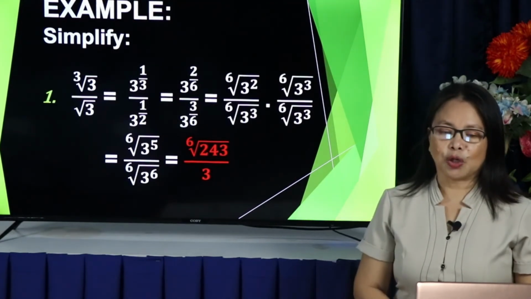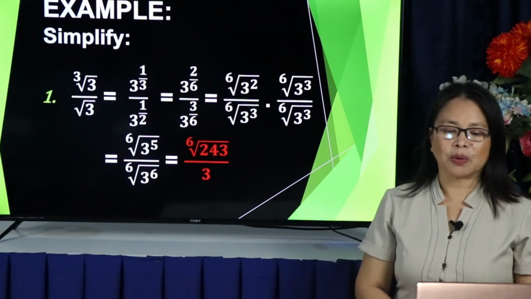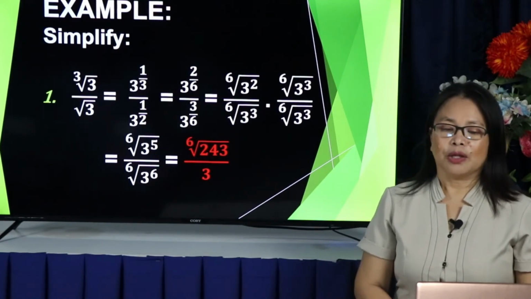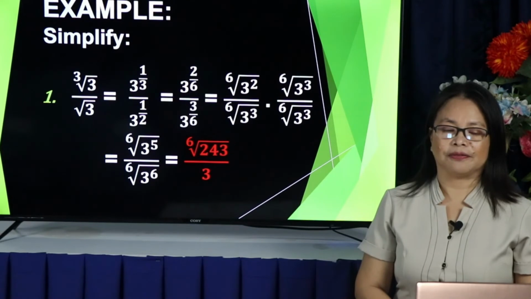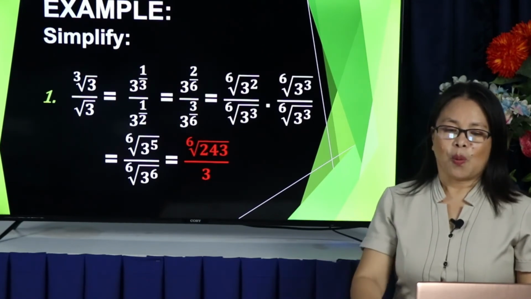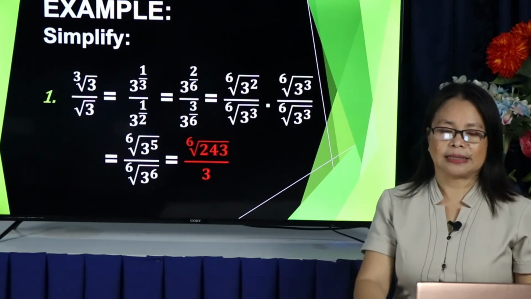Simplify the cube root of 3 over the square root of 3. Rewrite to rational exponent, that is 3 to the power of 1/3 over 3 to the power of 1/2. To have a common index, find the least common denominator between 3 and 2, which is 6.